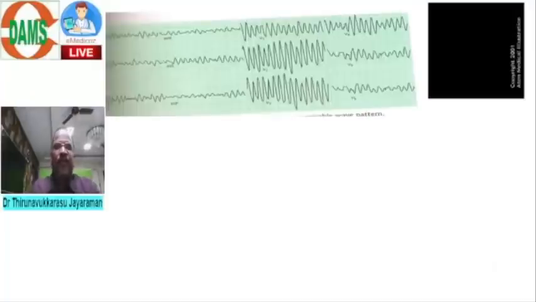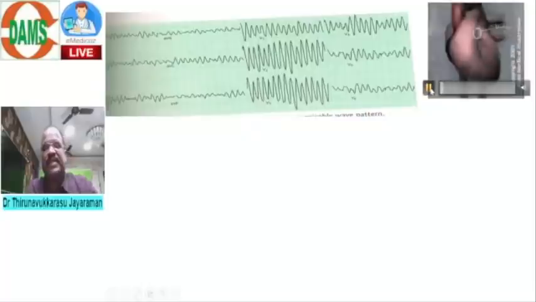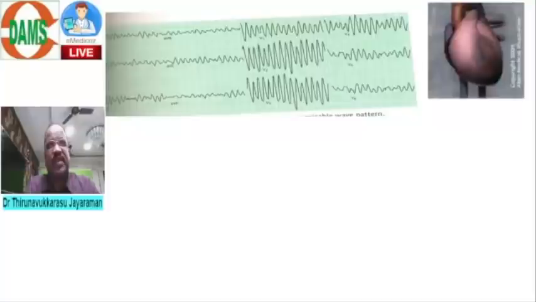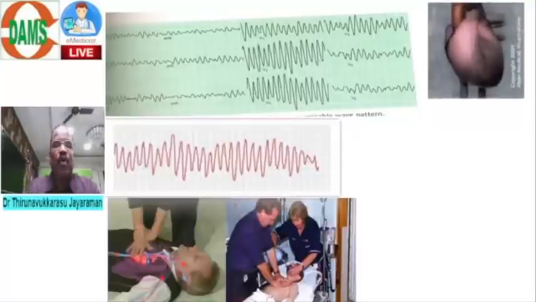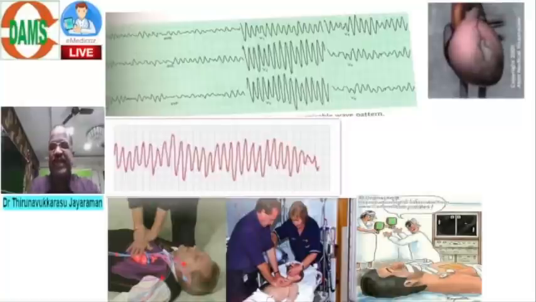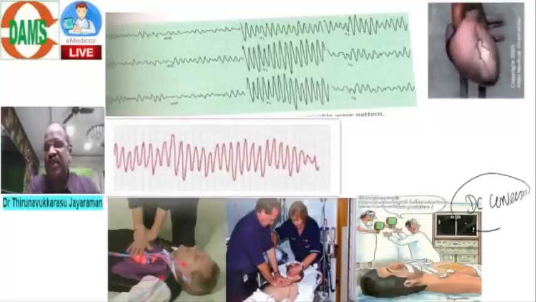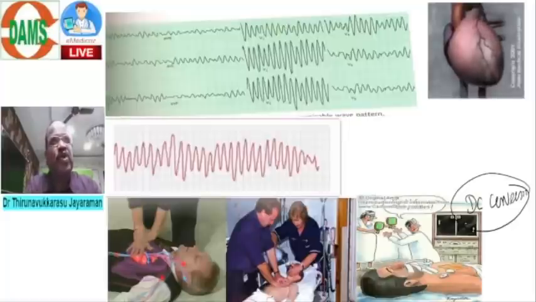Ventricular tachycardia is one of the dangerous medical emergencies. Sometimes they have ventricular fibrillation. So for this case, the best thing is maintaining airway, breathing, circulation, and also doing CPR, and also doing DC shock, DC conversion, giving shock therapy. That's the treatment of choice.